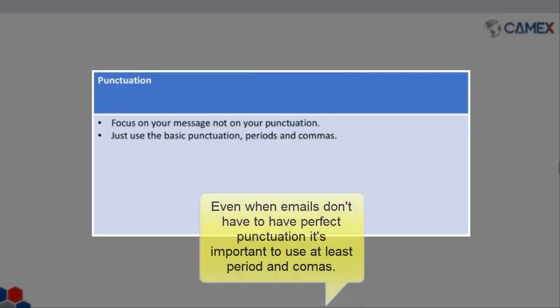That's the basic punctuation. Semicolons and all these other ones, brackets and colons and all of that, no. The idea here is to use just the basic punctuation, periods and commas.